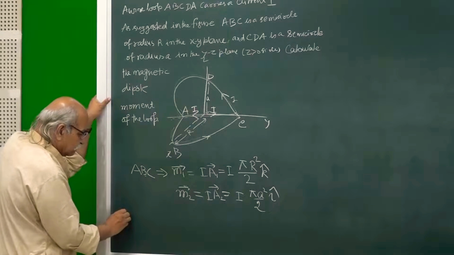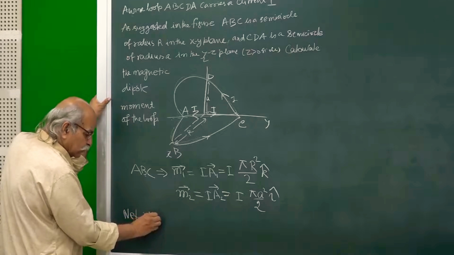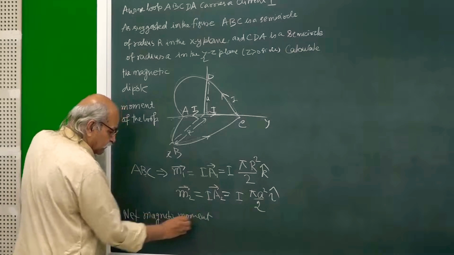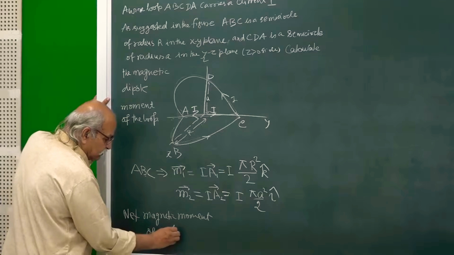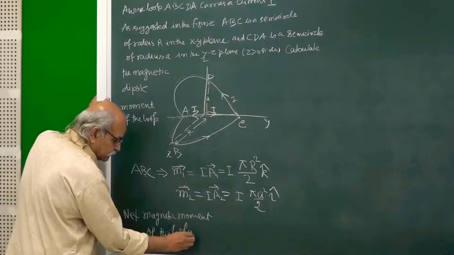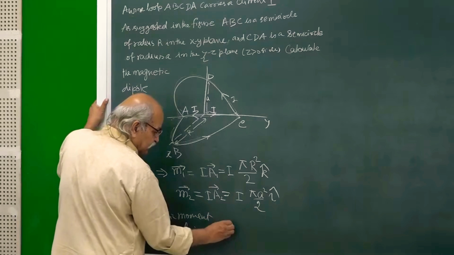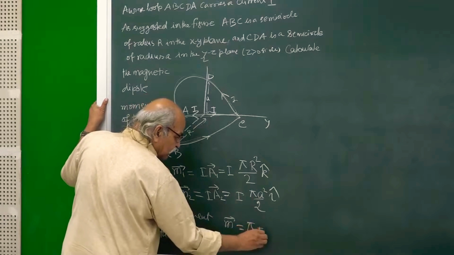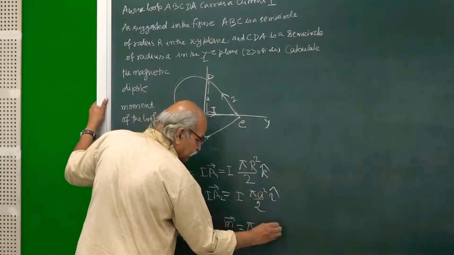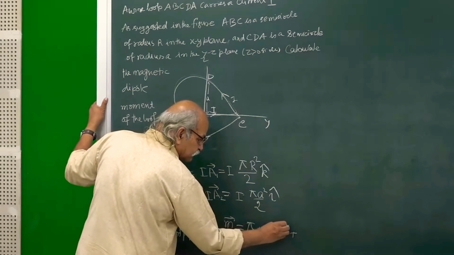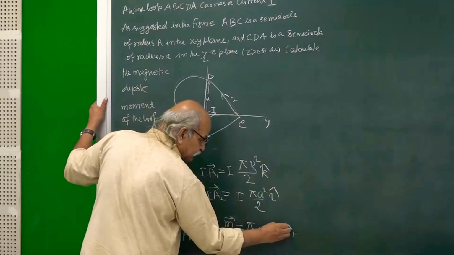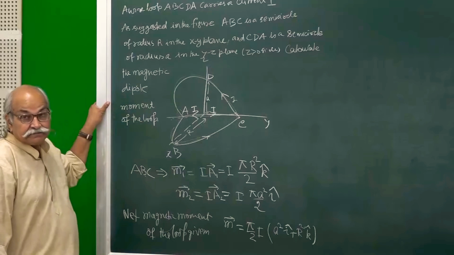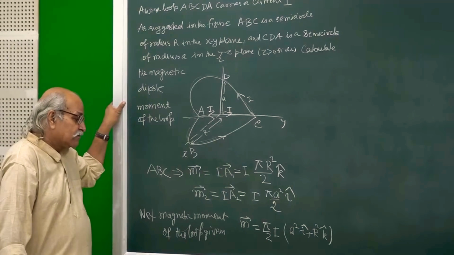The net magnetic moment of this loop is just the sum of these: m equals pi by 2 times a square I cap plus R square k cap, times I. That is the magnetic moment of this given loop.